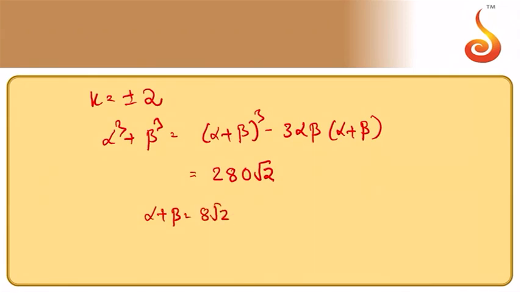K value you know, it means alpha beta is known. K value we got 2. It means alpha plus beta is equal to 8 root 2. And alpha beta also you know. So k equal to 2, 2 to the power 4 is 16, 16 times 2 is 32, 32 minus 1 is 31. Substitute these values, we get 280 root 2.